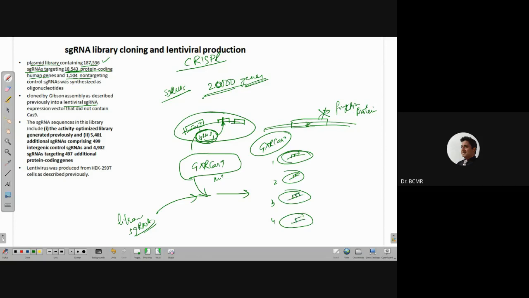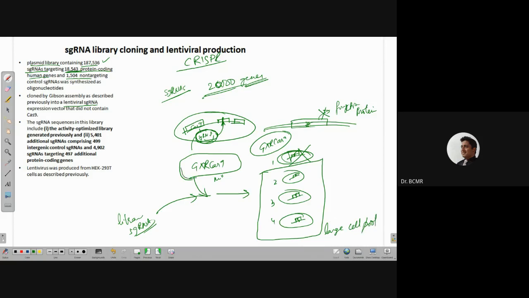If an essential gene is mutated, that cell would die. They are not bothered about that part. They will only grow those cells that are able to grow. If the mutation is lethal, let them die. So now they generated a large cell pool.